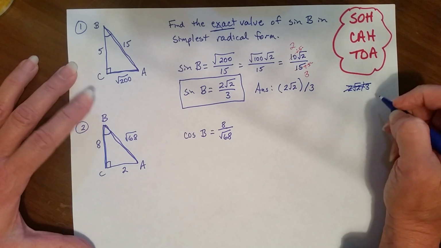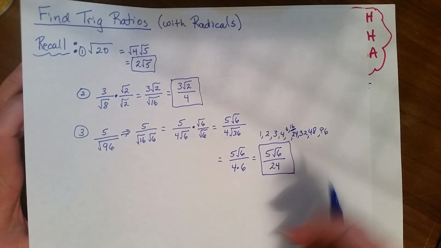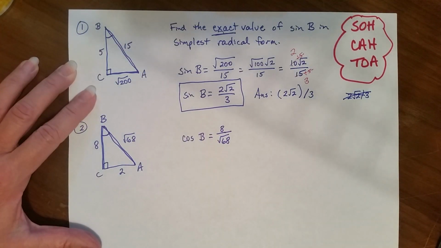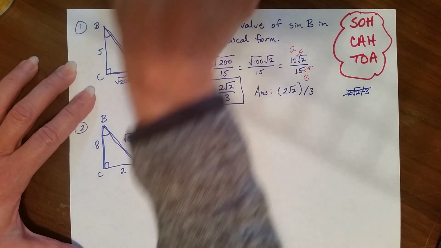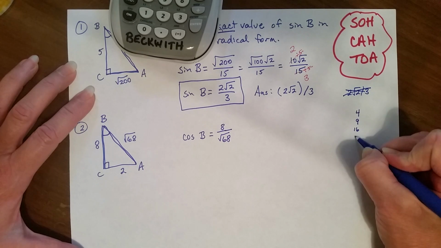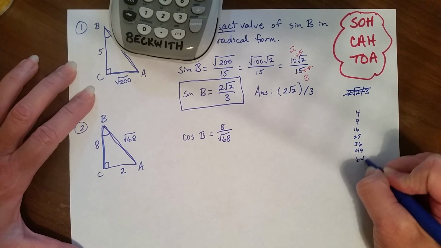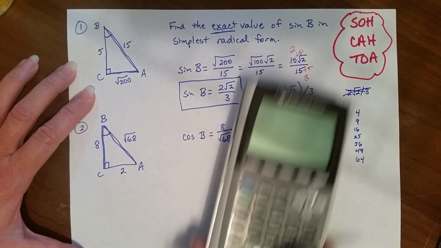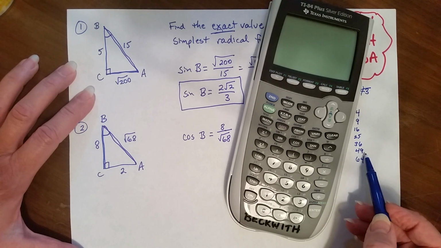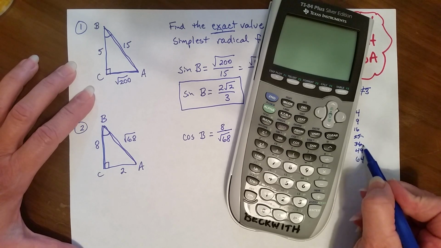Instead of using the rainbow method like I did over here, writing down the factors, let's try it this way, where I look at our perfect squares, 4, 9, 16, 25, 36, 49, 64, and so on. I know that 68 is not divisible by 64, not by 49, not by 36, not by 25. So none of those work.